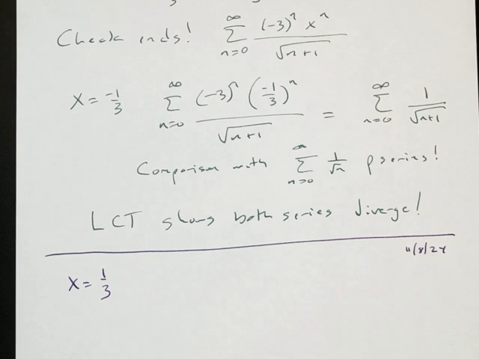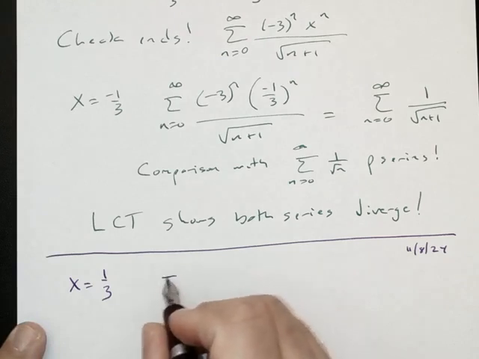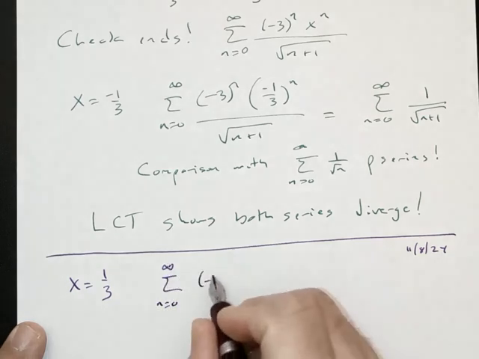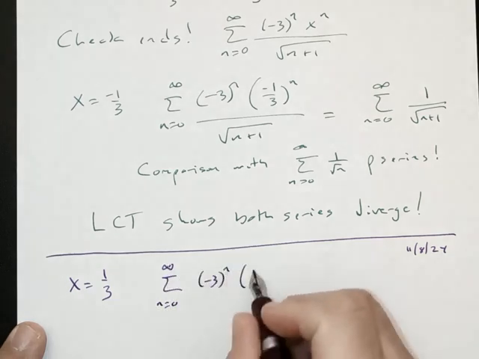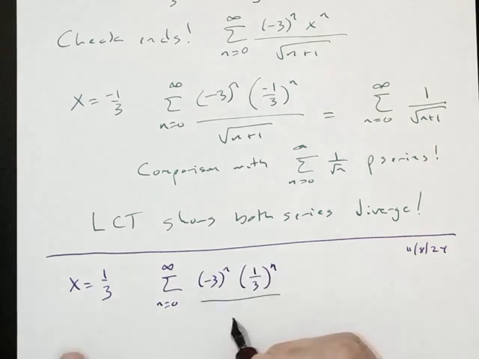How are they plugging in? Negative x at 1/3, and x would be 1/3, over 1/3, square root of 1/3 plus 1. Oh, hang on, we're plugging in for x, so that still stays in n.